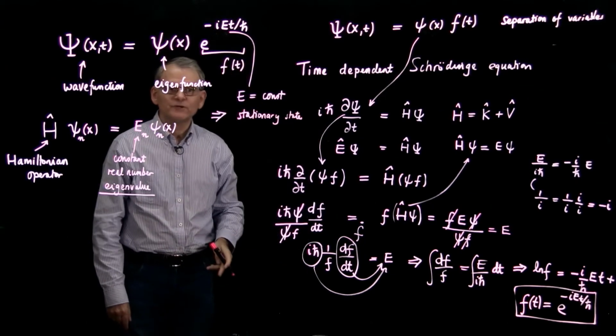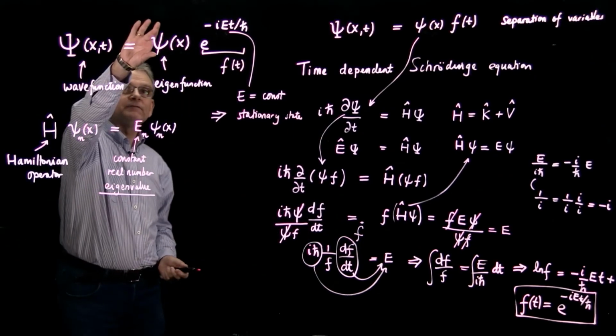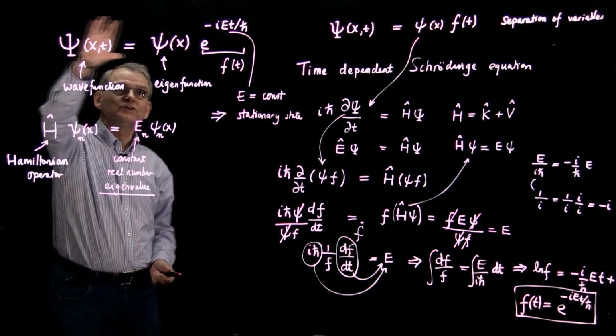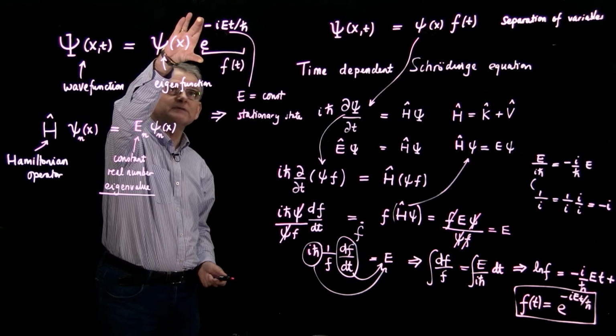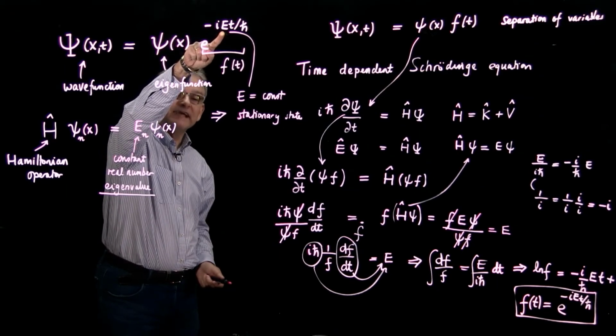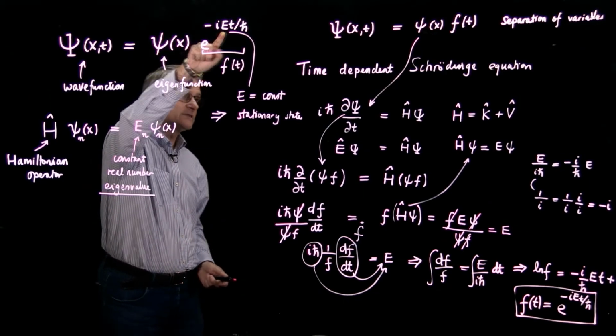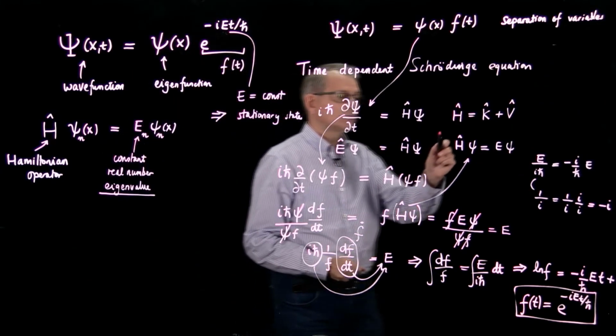So in general, if you're given an eigenfunction and you're asked to compute the wave function, you simply take the given eigenfunction and you multiply by this exponential form, where E would be the energy that relates to the specific problem you're dealing with.